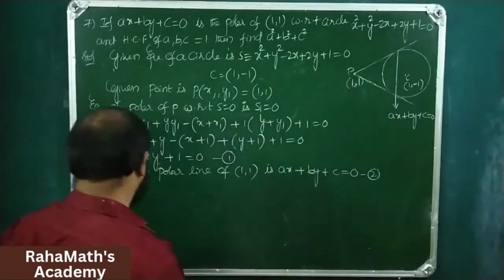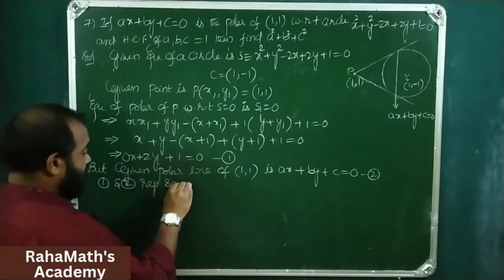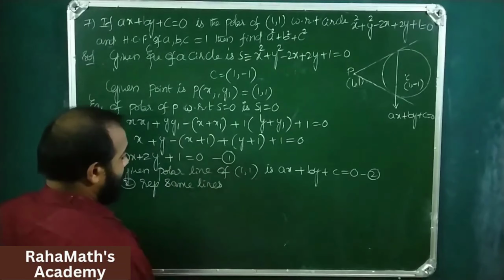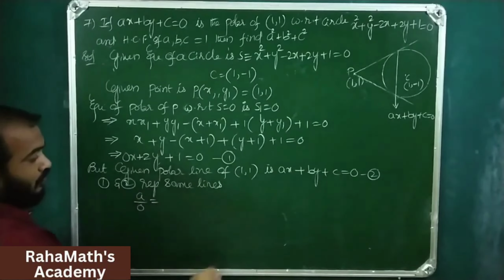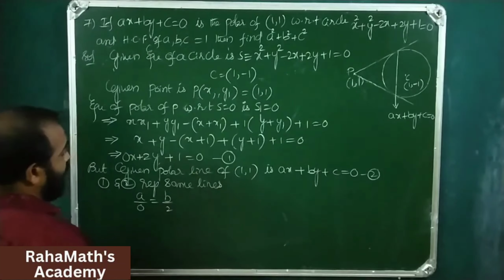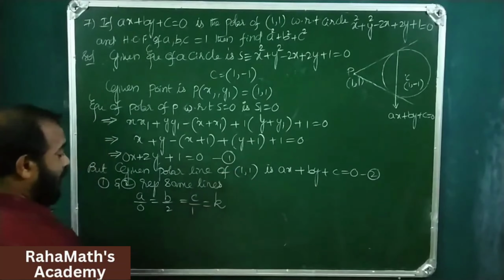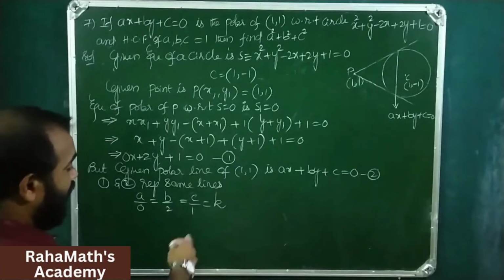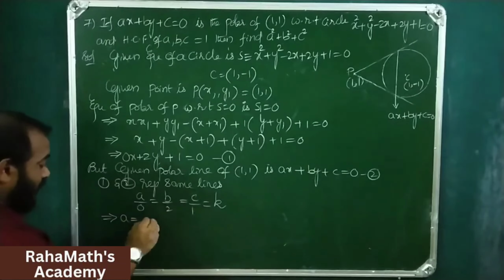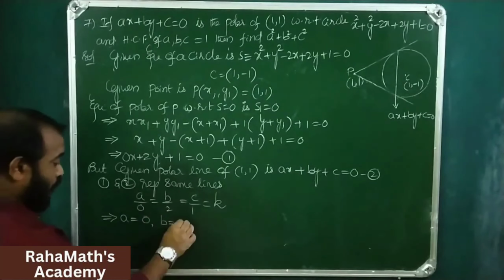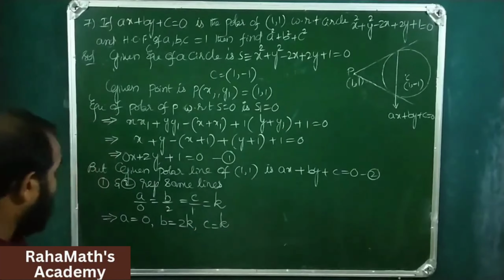So let us compare: a by 0 equals b by 2 equals c by 1, all equal to K. From this, a is 0 into K, that is 0, b is 2K, and c is K.